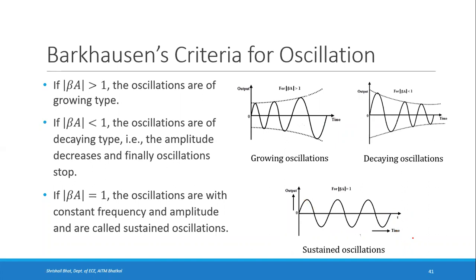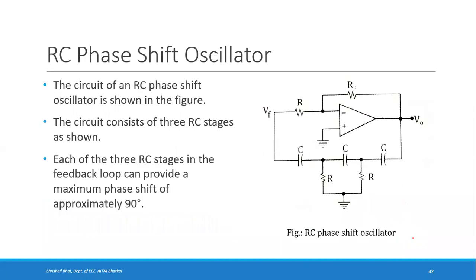Next, we will study some of the oscillator circuits. One of the important oscillator circuits is the RC phase shift oscillator. This is the circuit diagram of an RC phase shift oscillator. We call it RC because here we have pairs of resistances and capacitances. We actually have 3 pairs, so 3 capacitances and 3 resistances.